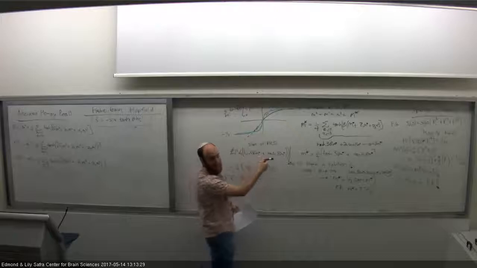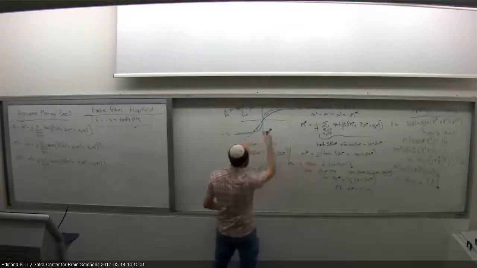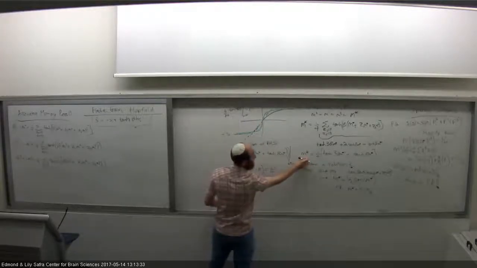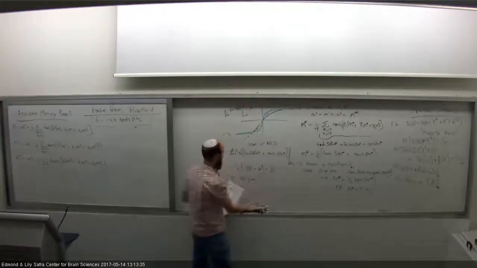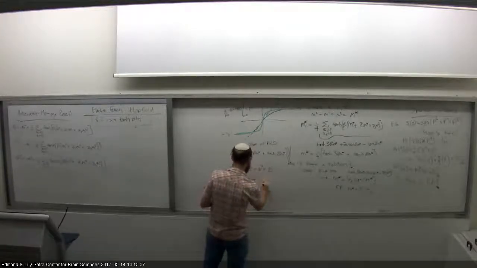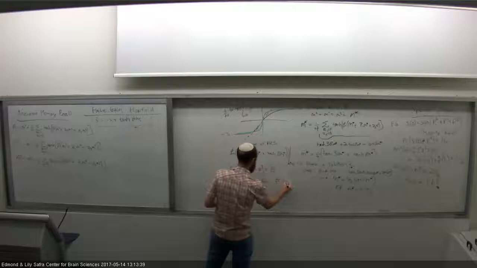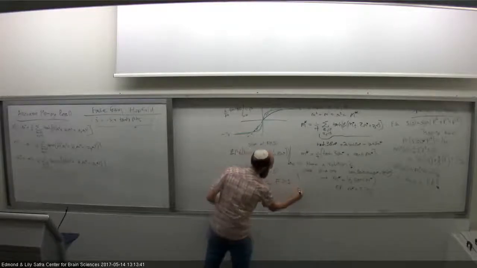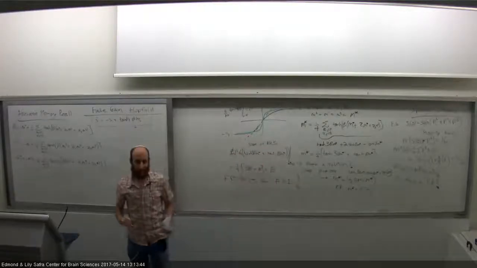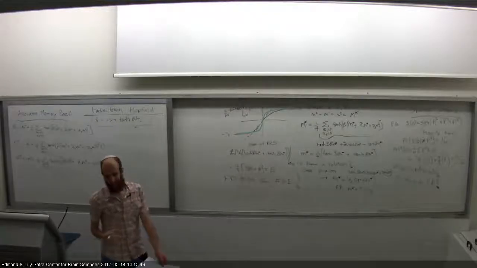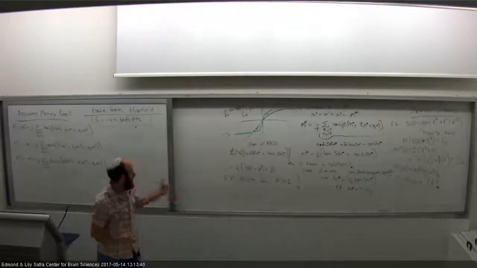This fixed point will exist when the slope of the right-hand side is steeper than the left-hand side. The left-hand side slope is just 1. So a fixed point will exist for beta greater than 1. That's identical to the condition of our memory.